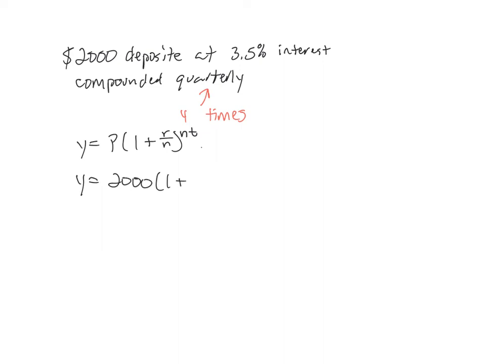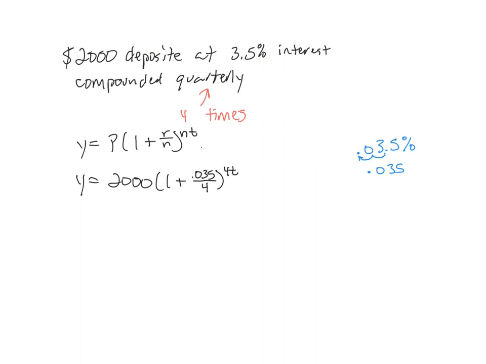1 plus, okay, so 3.5%. As a decimal, remember we move it 2 to the left. So I get 0.035. Looks a little weird sometimes because we have 3 numbers where usually it's just 2, but sometimes that happens. And n is quarterly, so that's a 4, and a 4 in the exponent also.